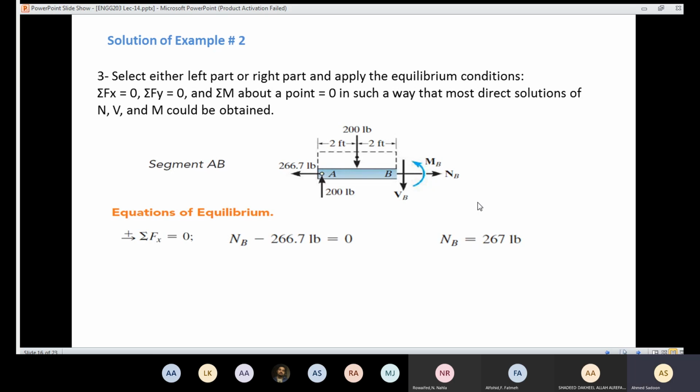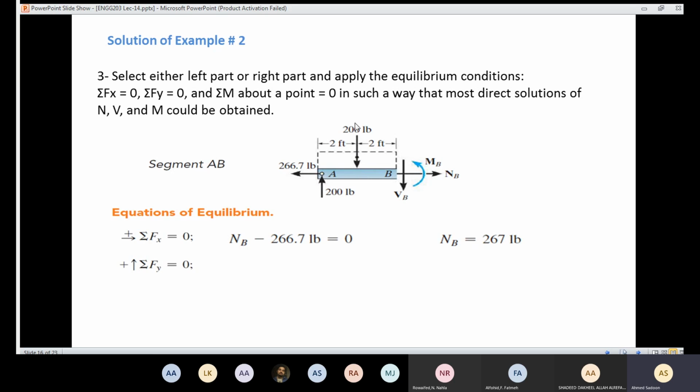Then I'm going to use the second equation, which is the summation of the forces in the y-axis should equal 0. Again, do not forget the sign convention. Here we are going to have 200, which is positive, acting on A, the reaction actually, AY. Here I have the resultant force. We used to have the rectangular distributed loading, we converted to a single resultant force, which is 200.